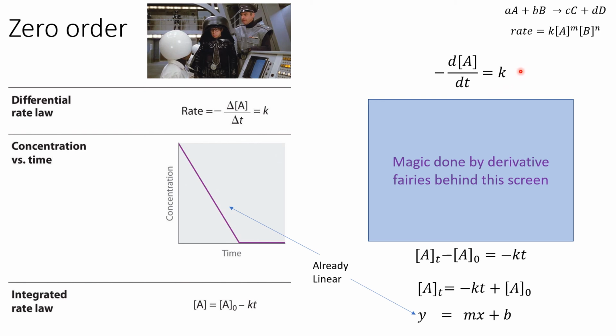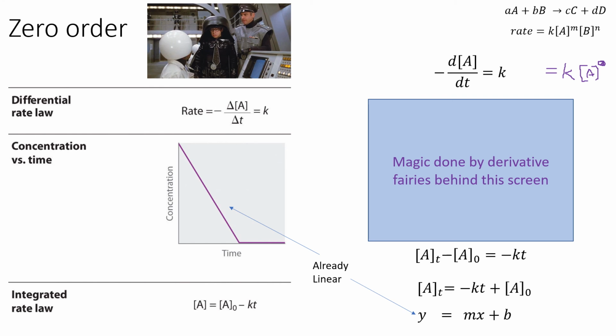Now, if I look over here on the right side of this, note that this constant is not multiplied by anything. And if I were to say equals k times concentration of A to some power, well, for it to be equal to this piece here, the only power option I have is a 0.